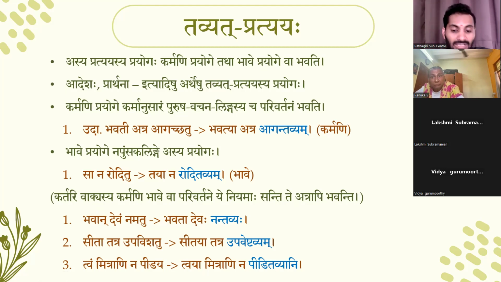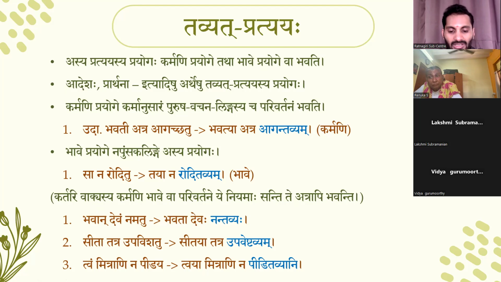We are using tavyat pratyaya. For example, bhavan devam namatu: you should go down to Lord Shiva or any god. Then the transformation is needed: bhavan will change into bhavata. Devam was in dvitiya vibhakti; it will change into prathama, devaha.